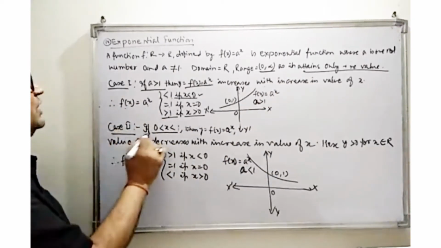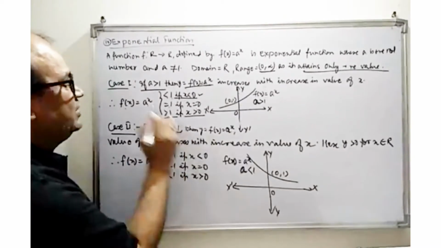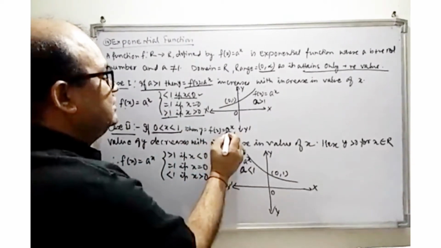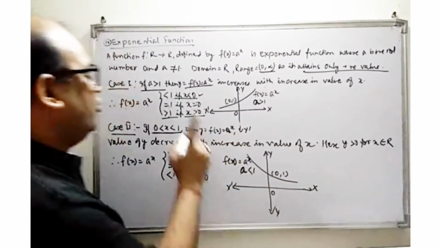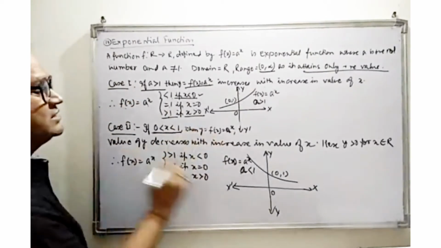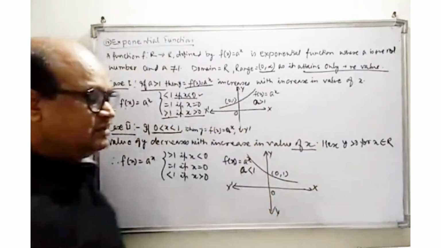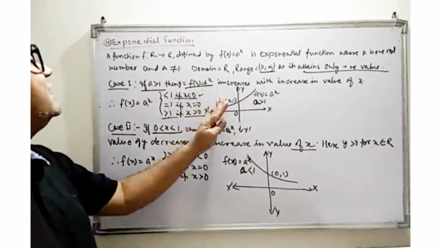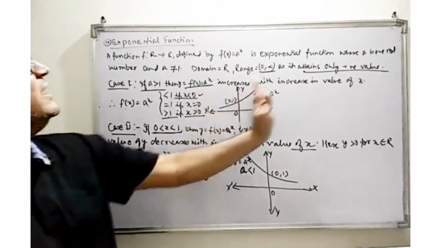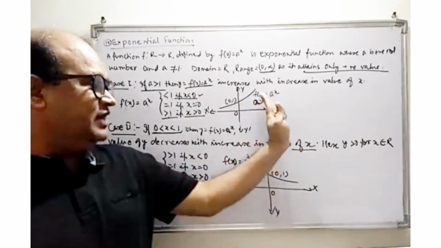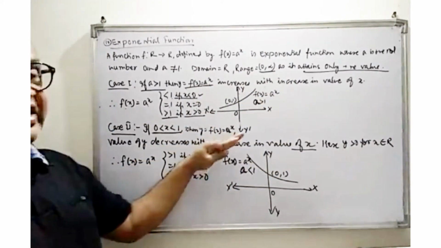Now, second condition, case 2. If a lies between 0 and 1, then y = f(x) = a to the power x, the value of y decreases with increase in the value of x. In the first case, the value of y increases with increase in the value of x, and here the value of y decreases.